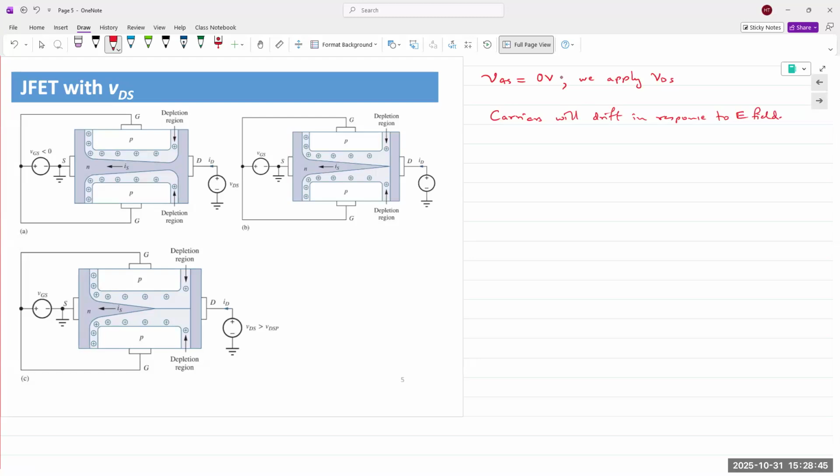Remember the drift and diffusion currents? It's coming up soon. What is drift current? I just wrote it on the board. Carriers drift in response to an electric field. What is diffusion current?